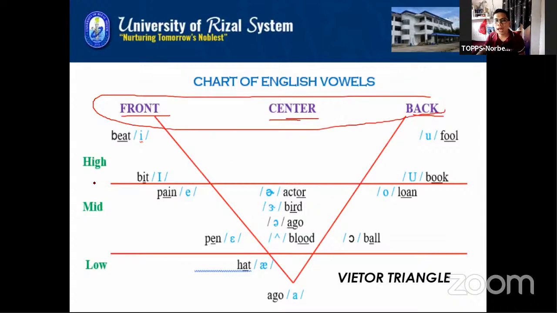Okay, so the high, the mid, and low represents the jaw movement. When your jaw is closed, that means that the jaw is high. Again, let me repeat that one. When your jaw is closed, that means that your jaw is high.